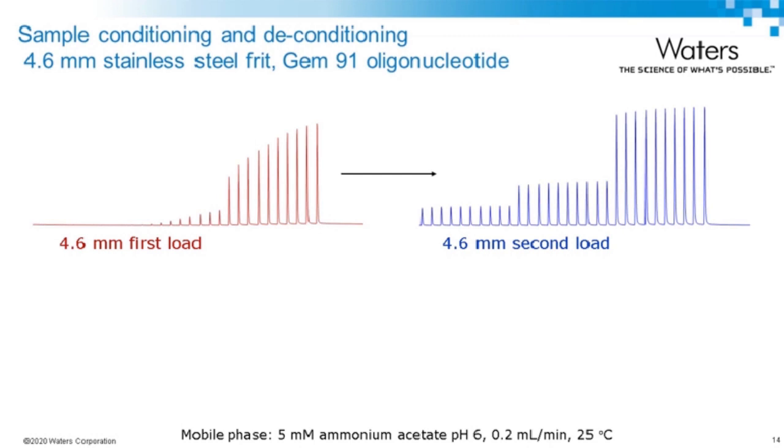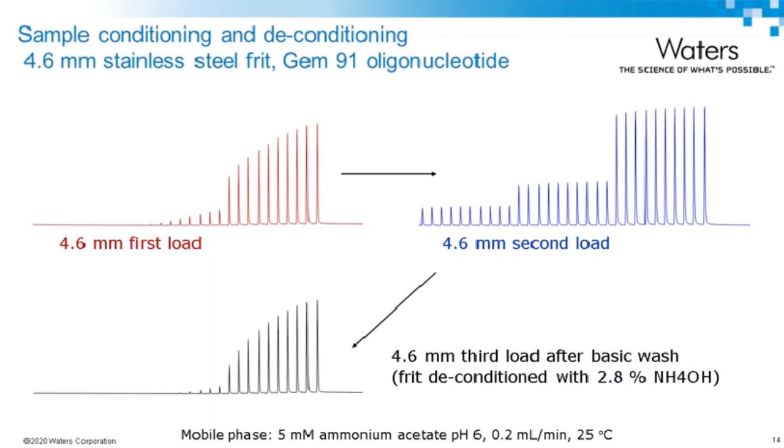You can see that compared to the red chromatograms, now the recovery is much better. The frit was indeed sample conditioned. But in the next step, I take this frit that is loaded with oligonucleotide and take it from the flow of mobile phase, and I wash it with 2.8% ammonium hydroxide, a high pH mobile phase, just an aqueous solution.